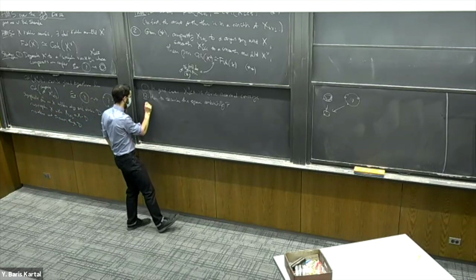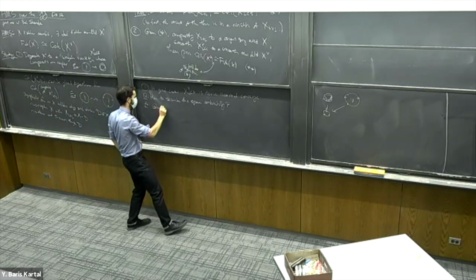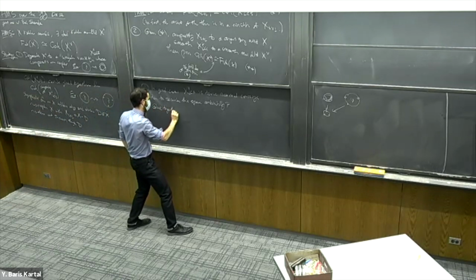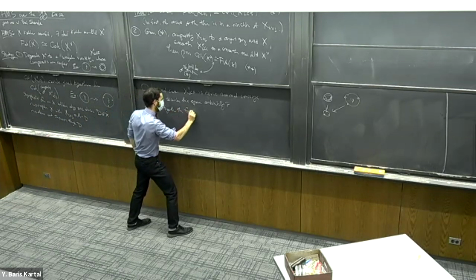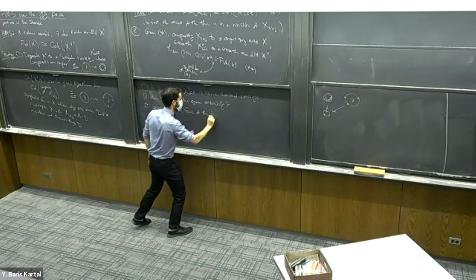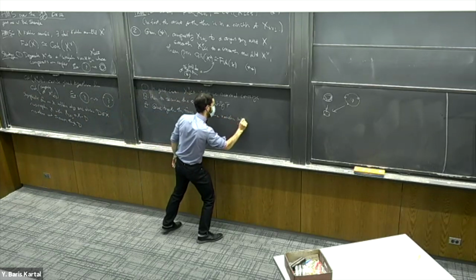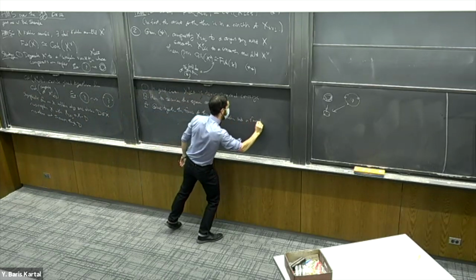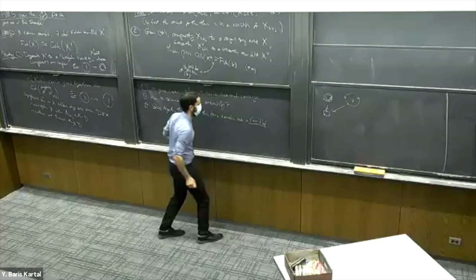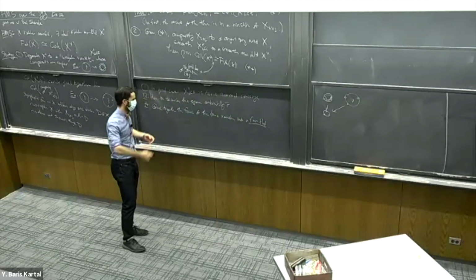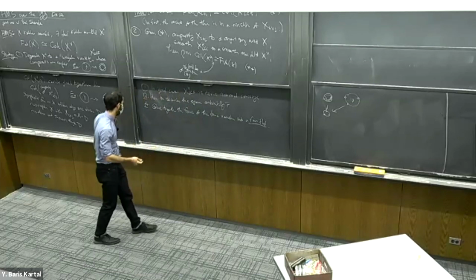So the answer I'll say, and now I'll explain what I mean, is glue together the fans of these toric varieties into a fanifold. So what is this fanifold, and what do I mean by gluing together the fans of these toric varieties?